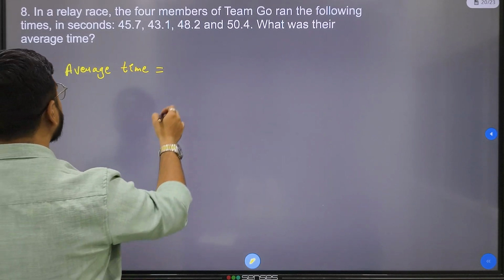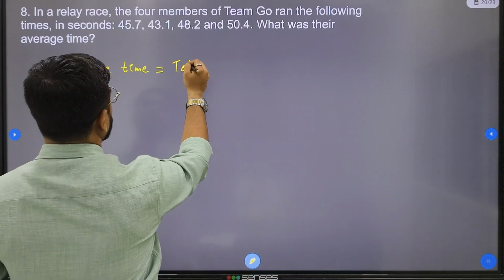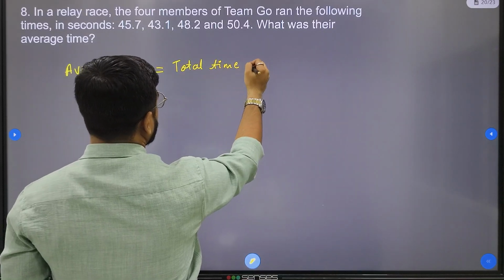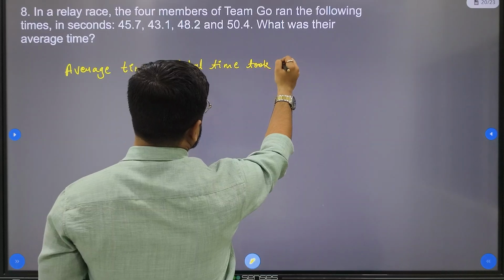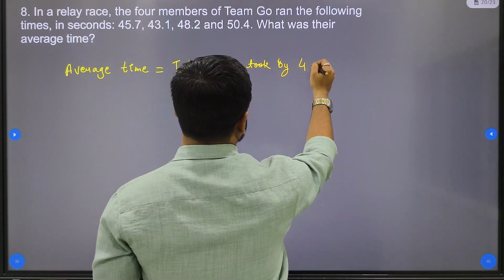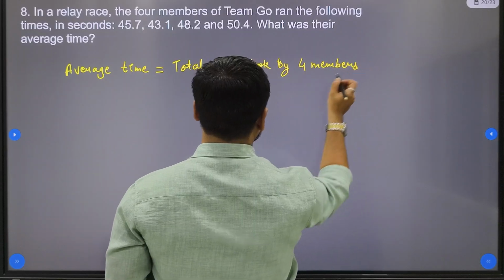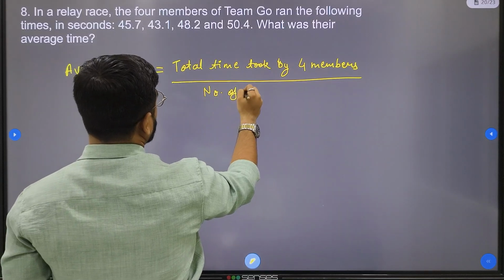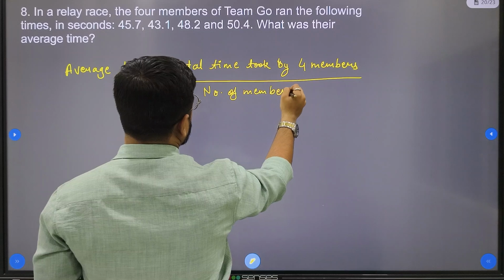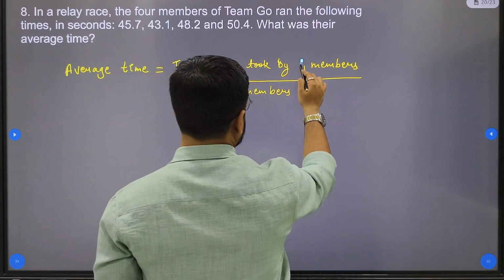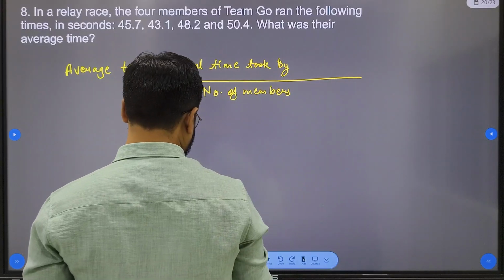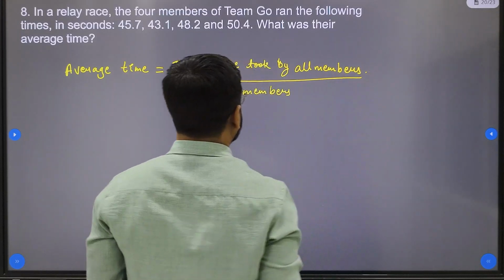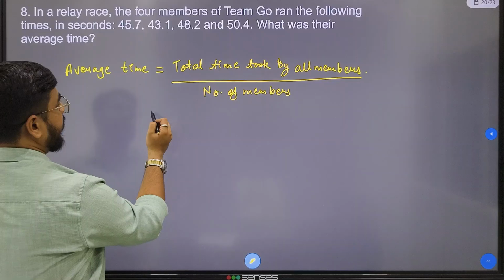Average time is equal to total time taken by 4 members upon number of members. So in the numerator also we can write total time taken by all members. Okay, so total time taken by all members.